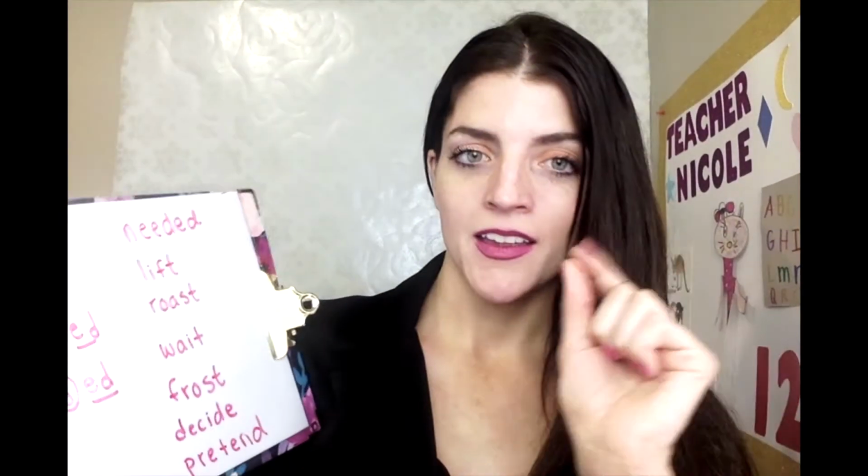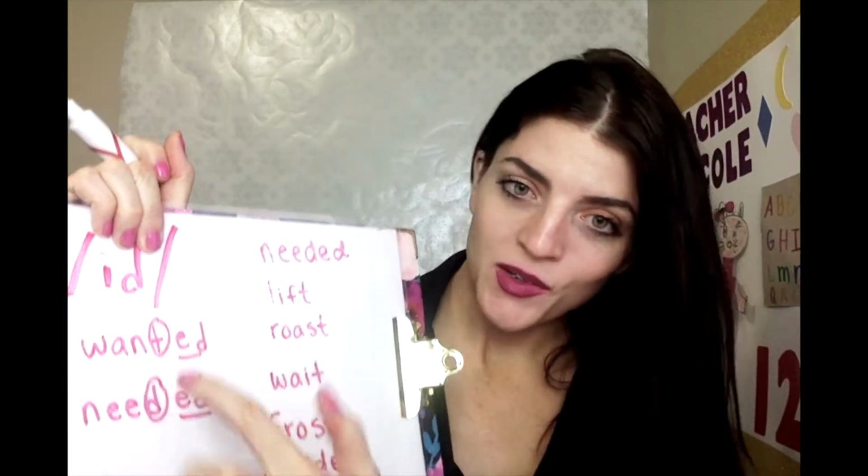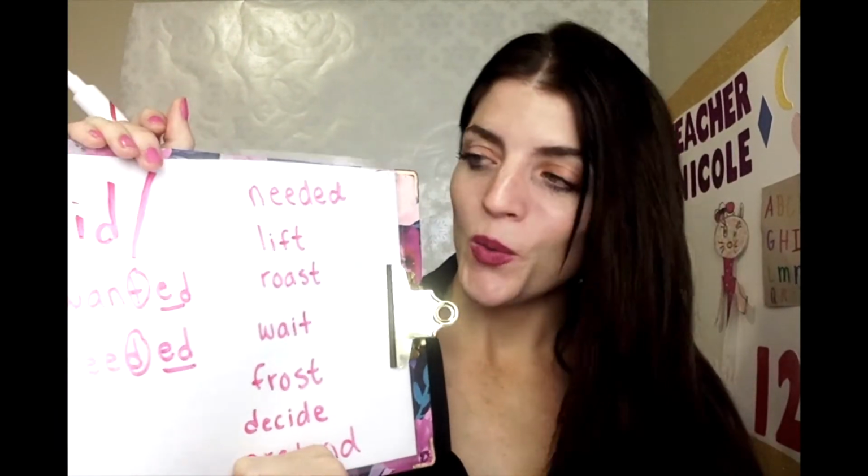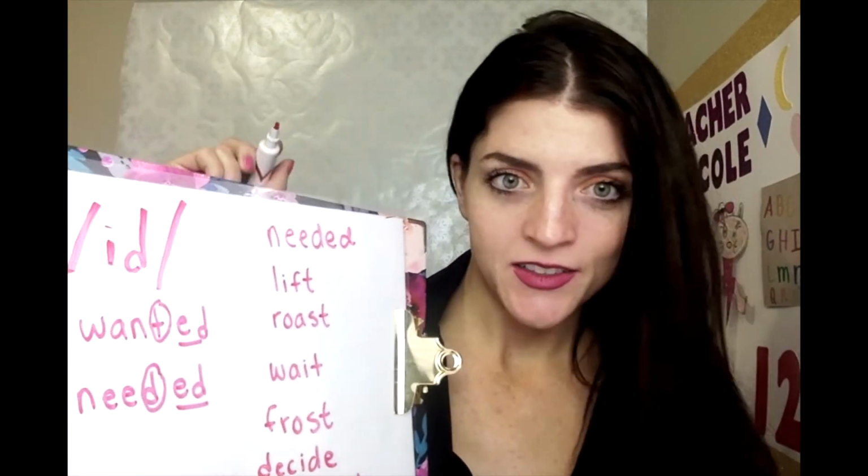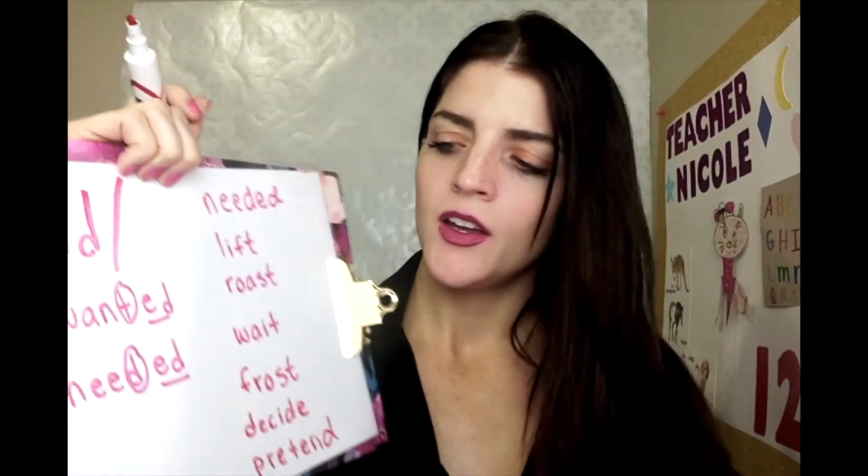So, if the last consonant sound of the verb is a D or a T, we are going to add id, which sounds like id. Now, it's a little bit confusing because why would it not just be id at the end instead of ed?